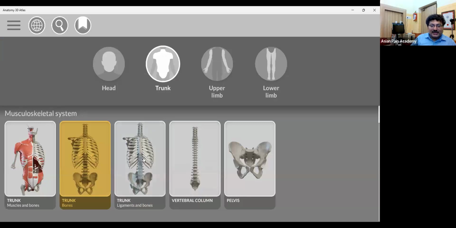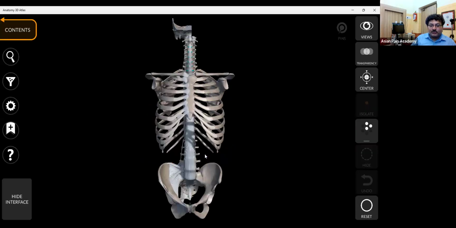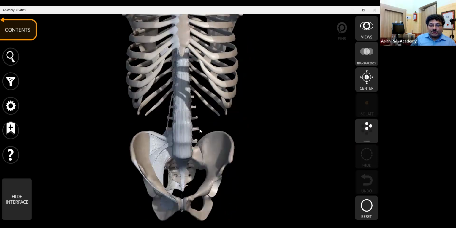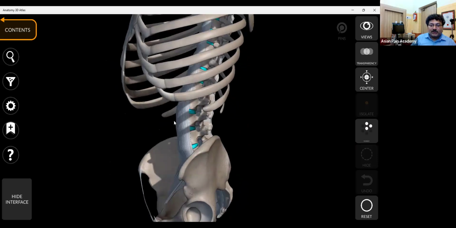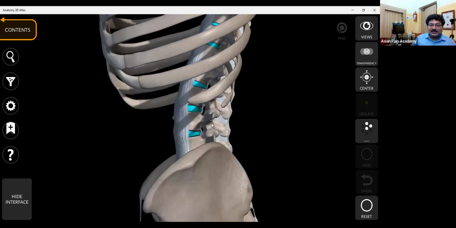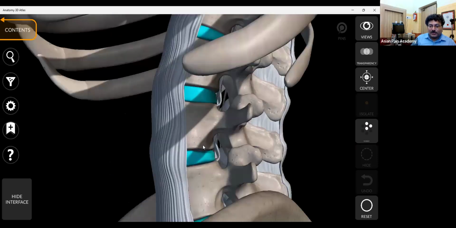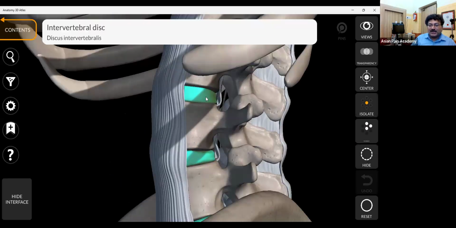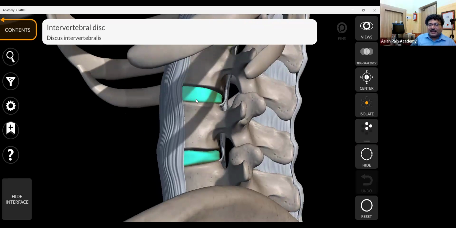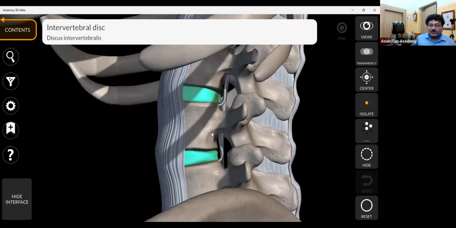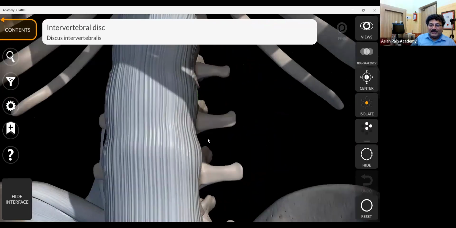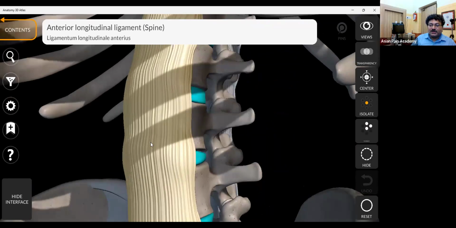So let's see a little more about the discs. Here we have the discs in between these vertebral bodies. This blue colored portion is the discs, and there are ligaments surrounding them. So what are those ligaments? From the anterior side of the vertebral body, we have the anterior longitudinal ligament.